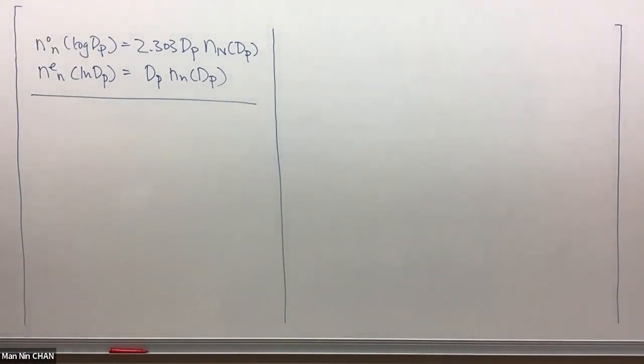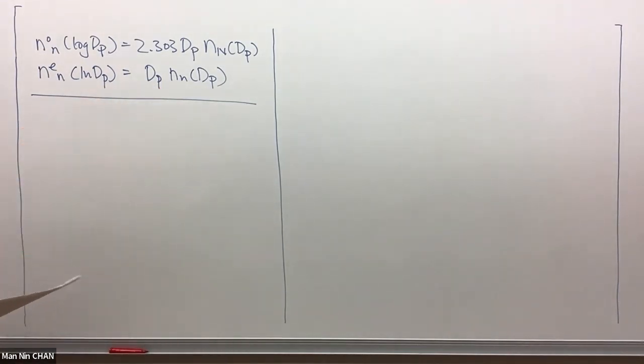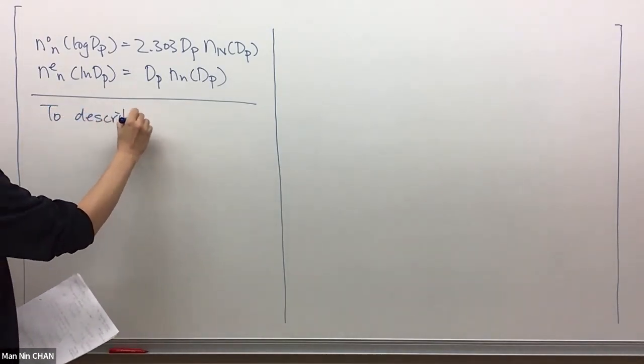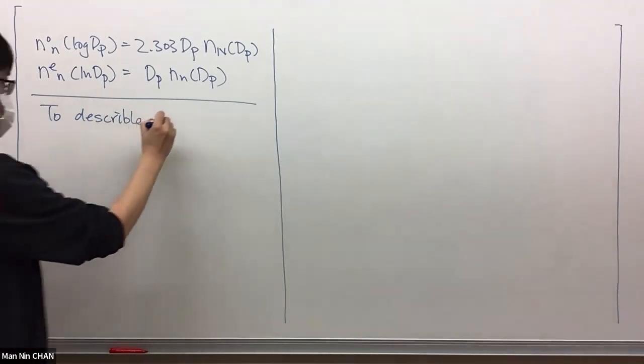So now, if you have some aerosol number, surface, or mass distribution, we try to understand some property of this size distribution of your population, or we try to describe your aerosol size distribution.